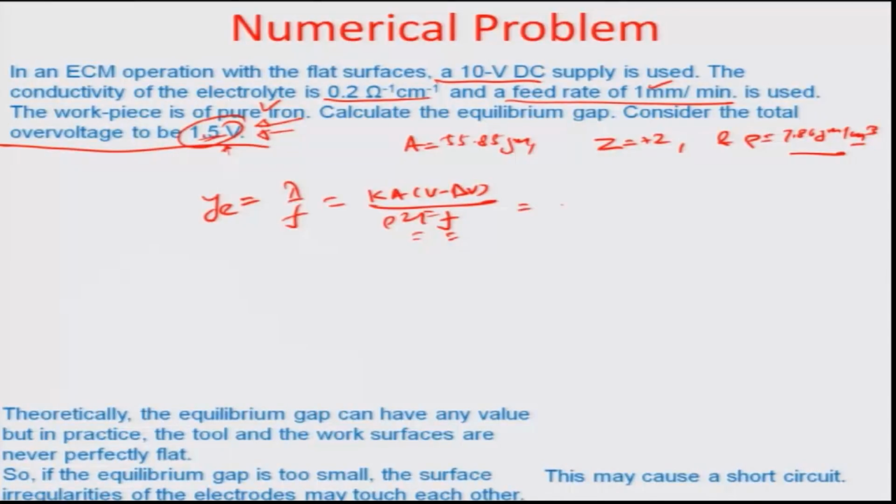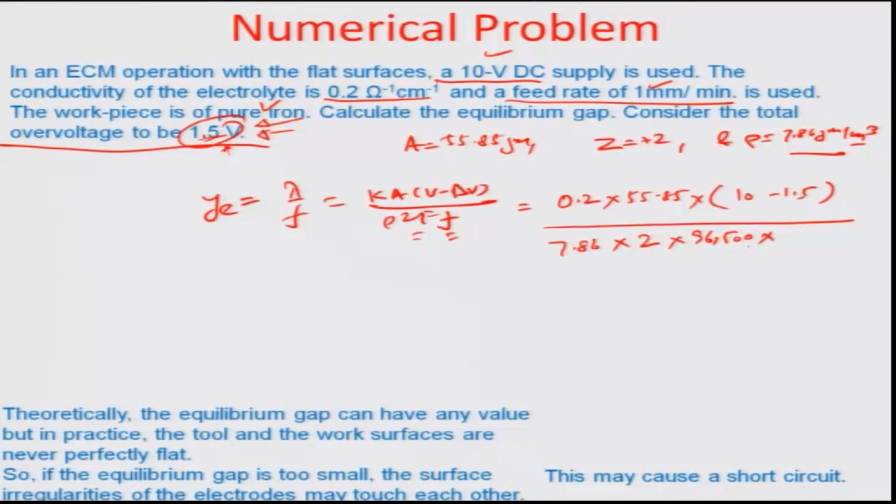So, we now have here substituting the value of K 0.2 times the atomic weight, which is 55.85 times total available voltage, which is voltage minus over potential, 10 minus 1.5, divided by the density of the material times the valency times 96,500 coulombs times the feed rate here, which can be recorded as 0.1 centimeter by 60 seconds.